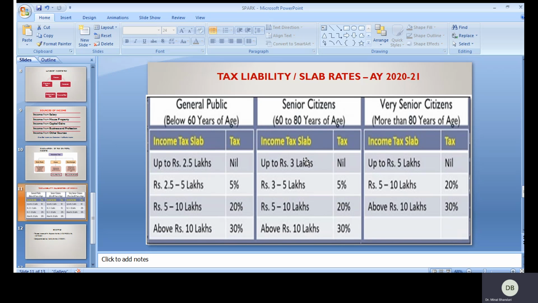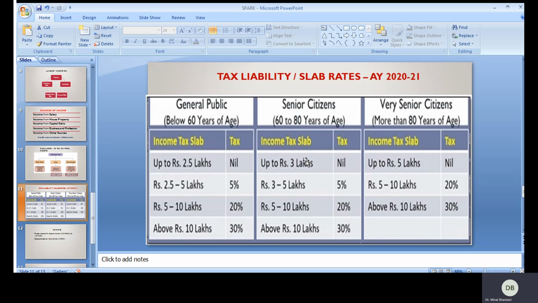This slab is now categorized into three different categories. First, the person below 60 years of age. Second, the senior citizens category, that is 60 to 80 years of age. And third, the very senior citizens, more than 80 years of age.